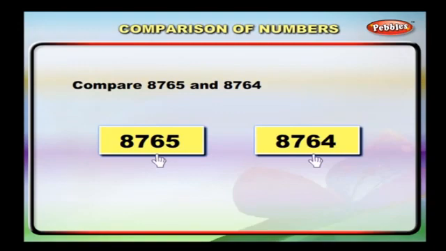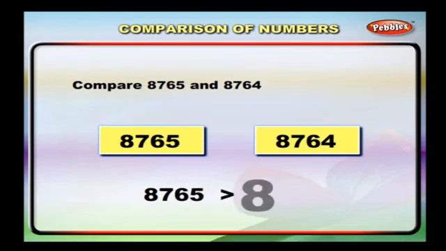Both have the same number in the tens place too, that is 6. Now, let us see the ones place. Here, the number is different. It is 5 in the first number and 4 in the second number. So, 8,765 is greater than 8,764.